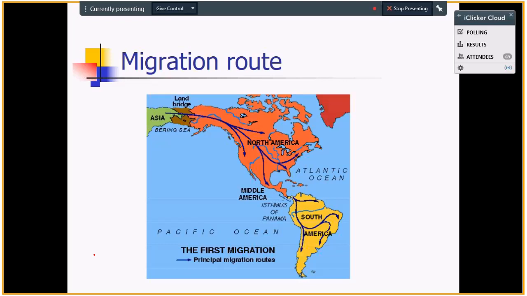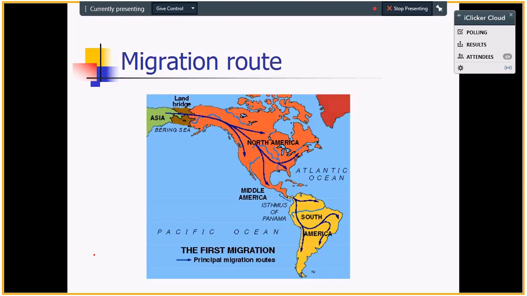We have human remains, skeletons, that show extremely similar biological features, such as skull shape and dental patterns, that date from the same time periods, both in Asia and the Americas. And then, a few years ago, we got the smoking gun, DNA.